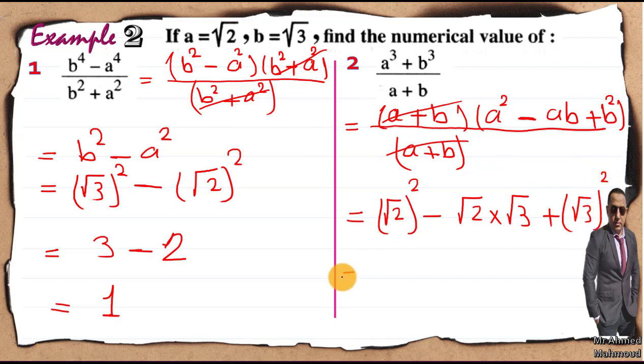Here, root 2 power of 2 equals 2, minus root 2 times root 3 equals root 6, plus root 3 power of 2 equals 3.